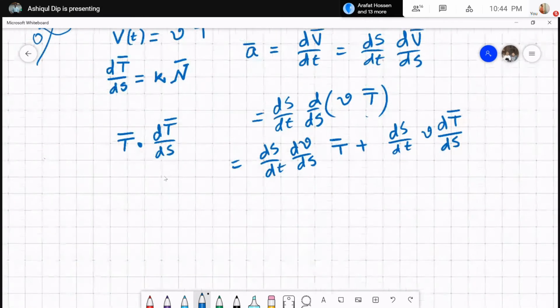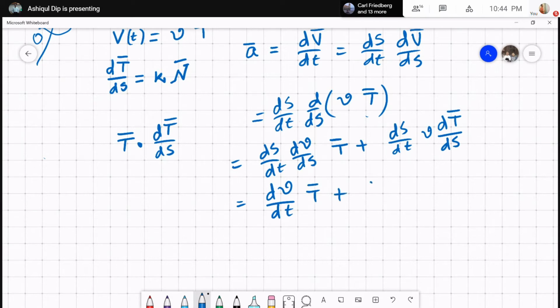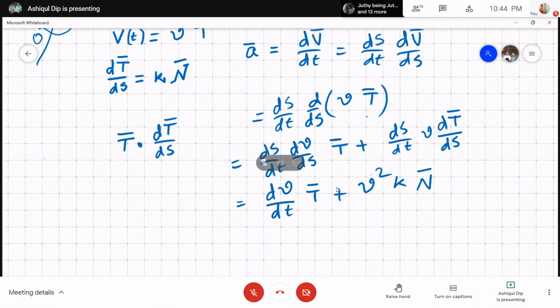Great. Using the chain rule backwards, we can write it as dv over dt times t. This ds over dt is just v, so we have v squared. And this dt over ds is just k multiplied by the normal vector. So what is dv over dt here?